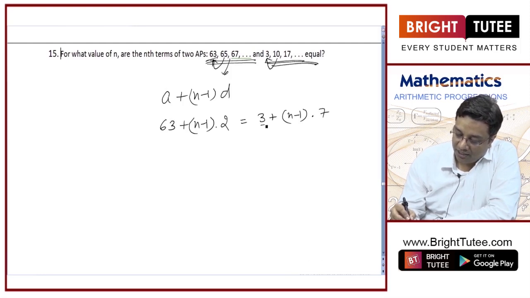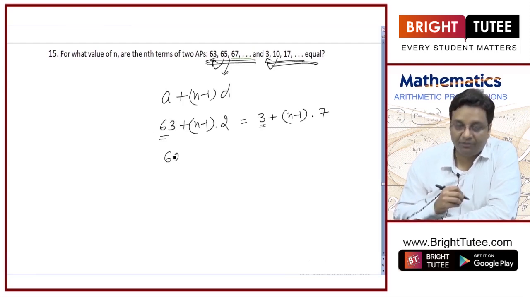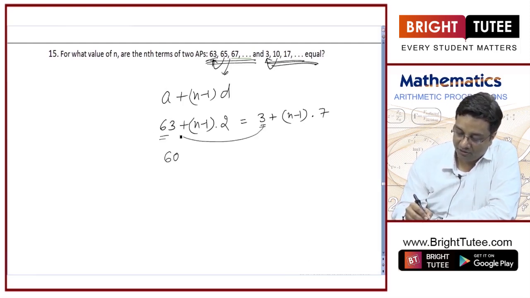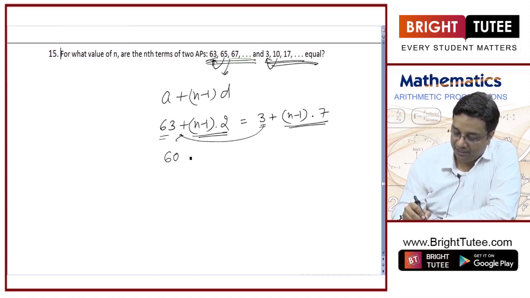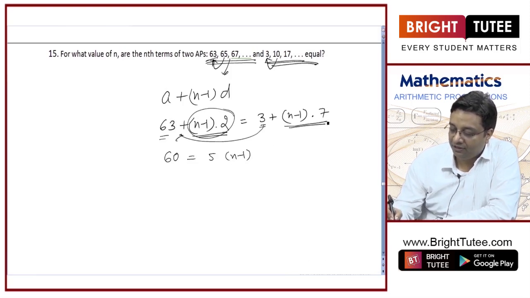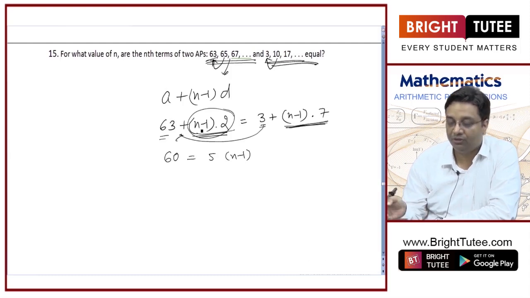Okay, so I bring this 3 here. Let's bring the constant terms on one side, so it will become 60. I brought this 3 to the left hand side. So this is 7n minus 7 and this is 2n minus 2. If I take it to the right hand side, it will become 5n minus 5, right? There were 7 n's here and 2 n's here. I brought these 2 to the right hand side. 7 minus 2 will become 5.